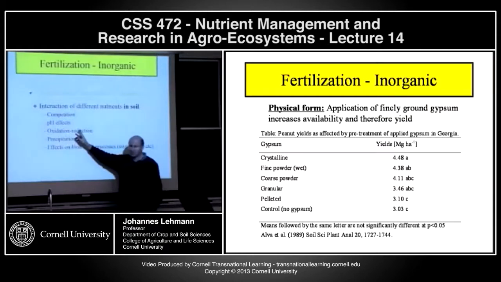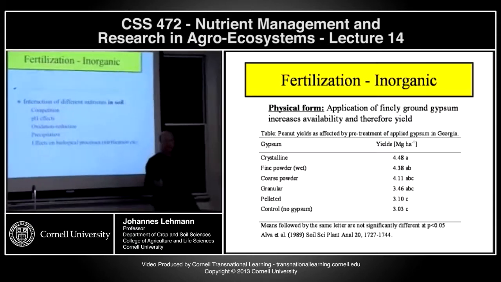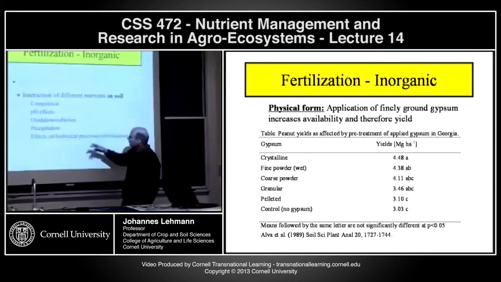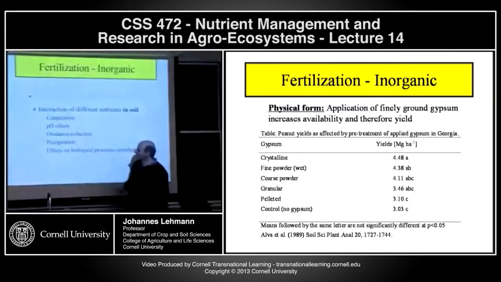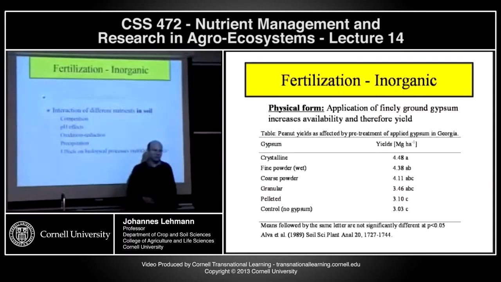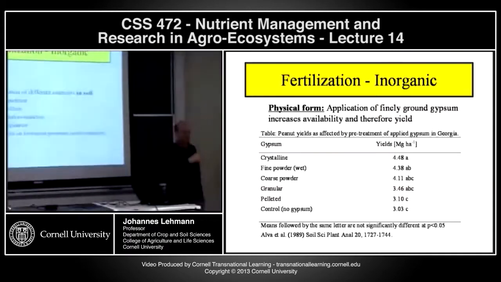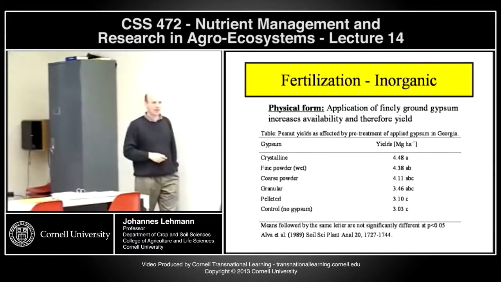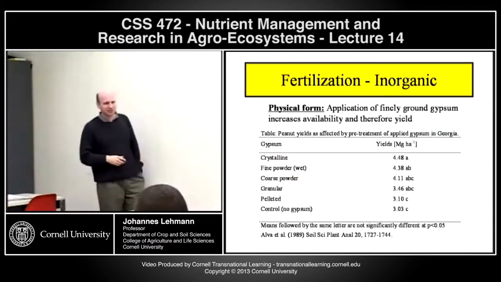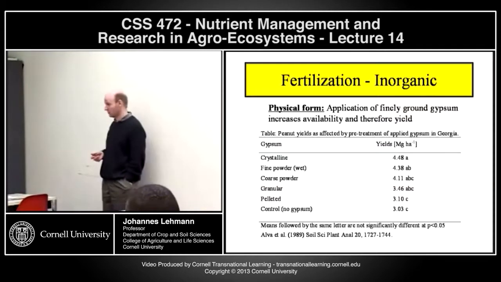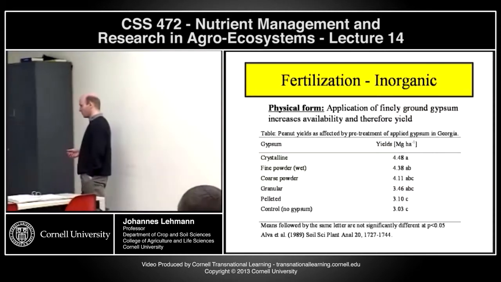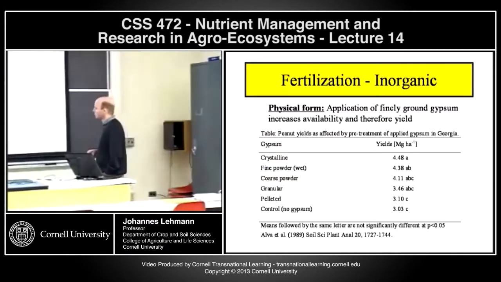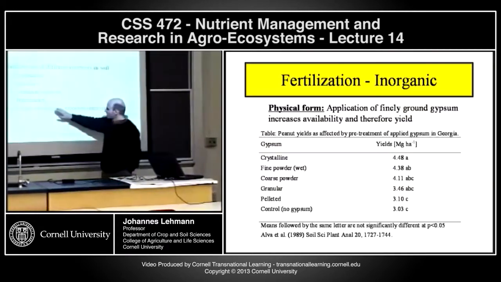Oxidation reduction phenomena, that we induce oxidation or reduction by the application of one fertilizer nutrient, and that can affect other nutrients. Precipitation, of course, that's something we've been talking about all the time, that we might maybe apply lime and that will decrease possibly if we over apply lime, which you probably rarely do, but it's a possibility that you apply so much lime that you precipitate your phosphate.